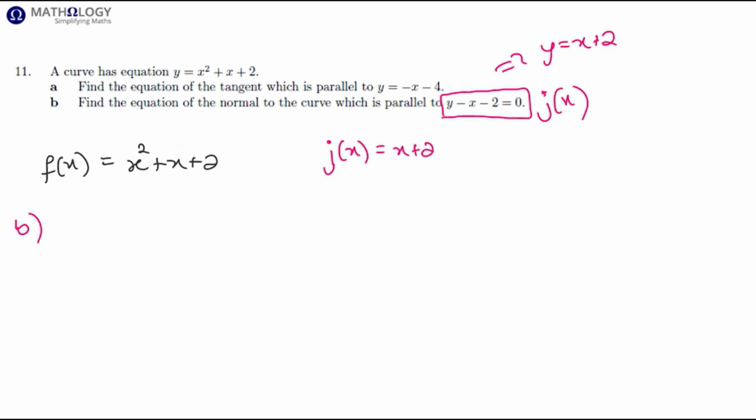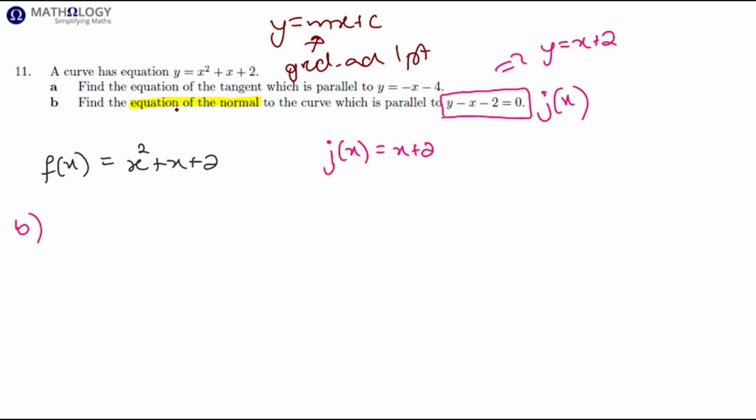Now, we're required to find the equation of a normal. Again, let's go back to basics. A normal is a straight line. The general equation of a straight line is y equals mx plus c. To find the equation of a straight line, we need to find the gradient, and we need to know one point that lies on that line.